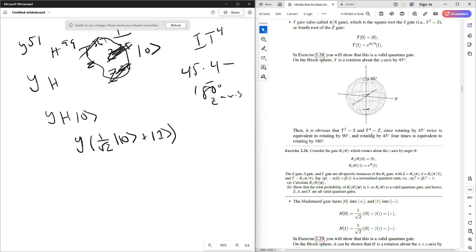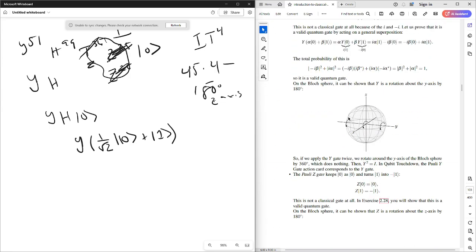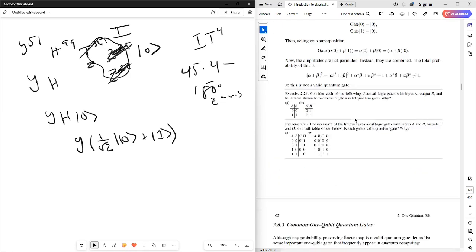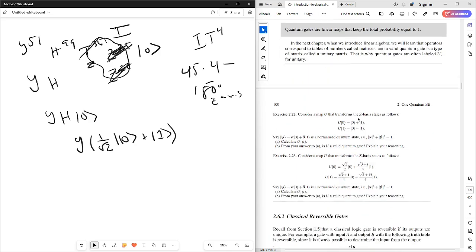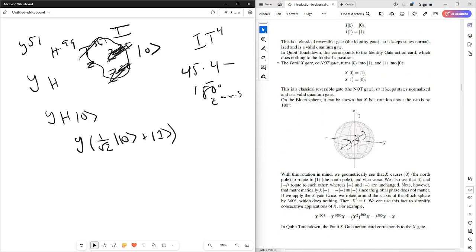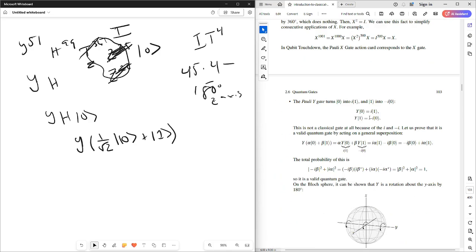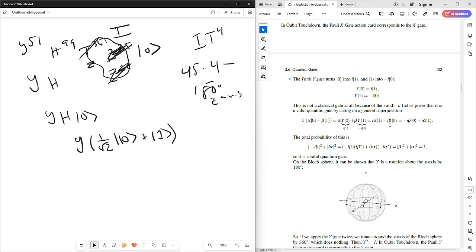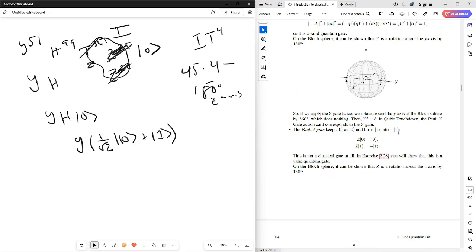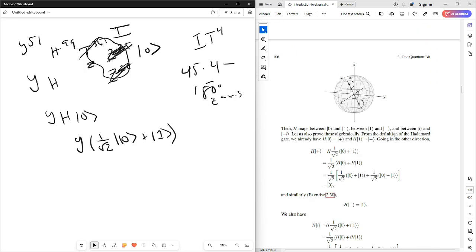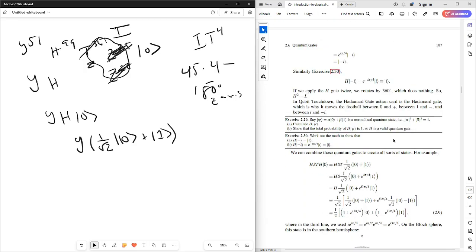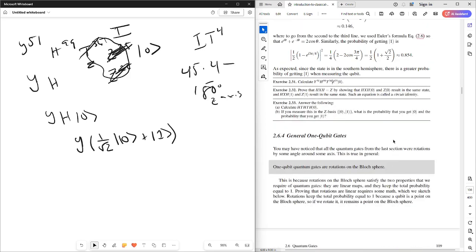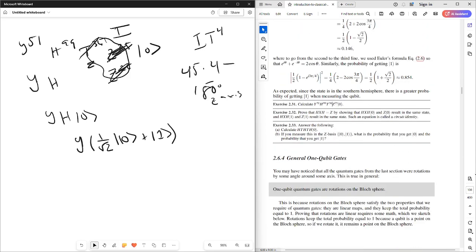And we're now applying a Y gate, where were we? Oh yeah, 0 to i1 and 1 to negative i0. It flips the bits and applies a plus and a minus.